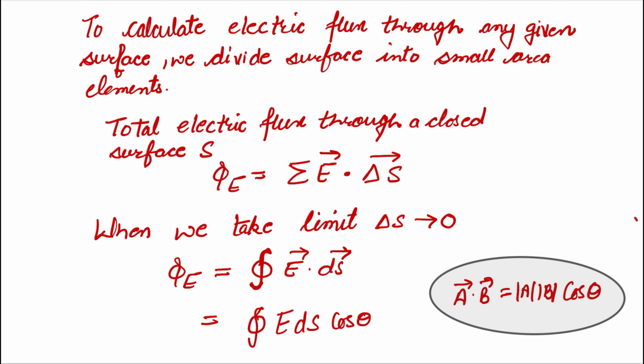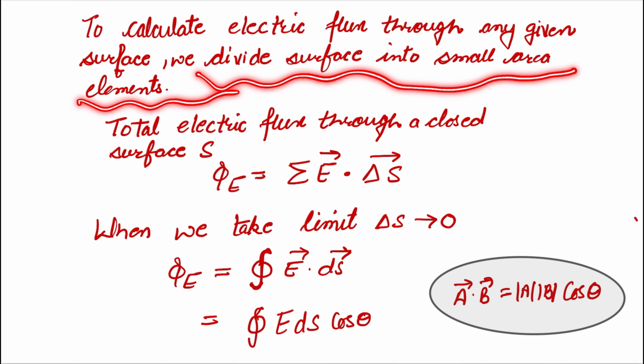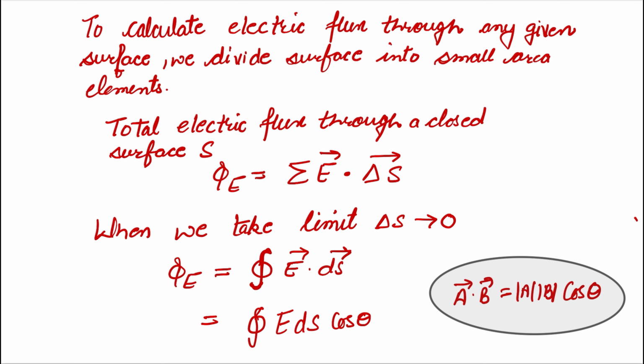Now, to calculate the electric flux through any given surface, we need to divide the surface into small area elements. The total electric flux phi E will be given as the summation of E vector dot delta S vector. This summation is over all individual area elements.